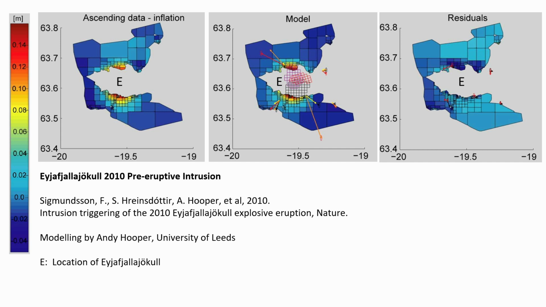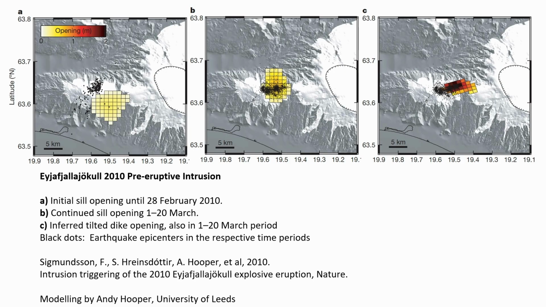The model has sill opening up in the first period and a sill and a dike in the second period. The gridded areas show the surface projections of the source patches where mean opening is greater than inferred standard deviation estimate for opening. And in this next figure, we see magma sheet models for the pre-eruptive 2010 intrusion.